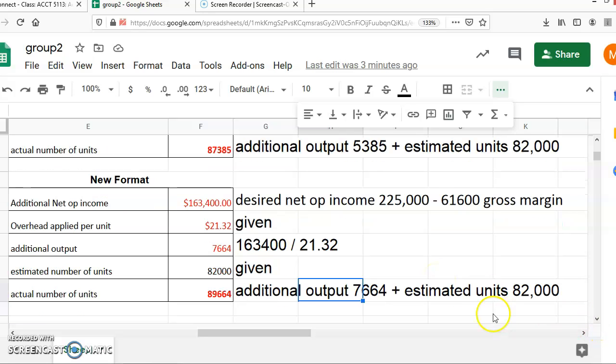And then to get the actual number of units, we added the additional output of 7,664 to the estimated units of 82,000, and that gave us our actual number of units.